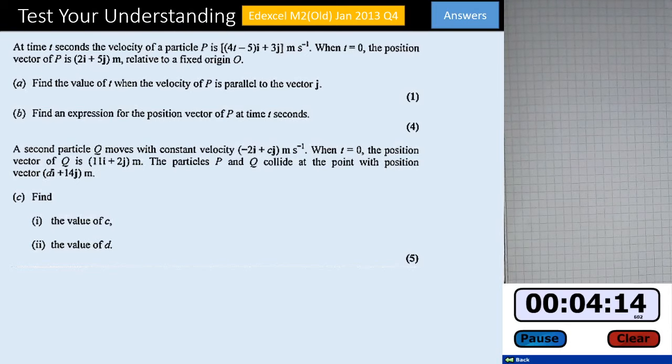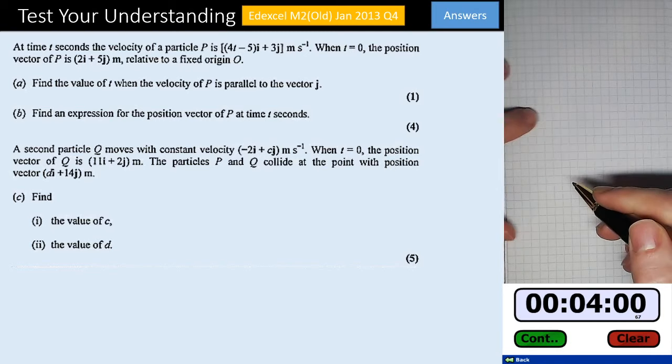Alright, we're counting down to 4. Oh, close. Never mind. So the first few parts.